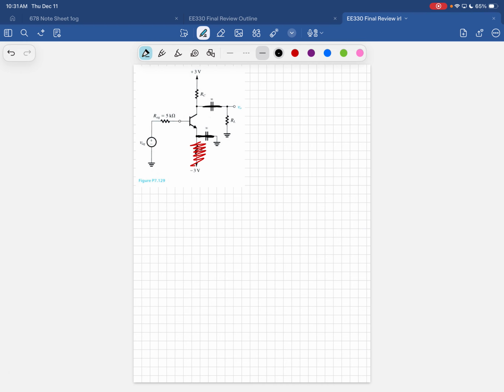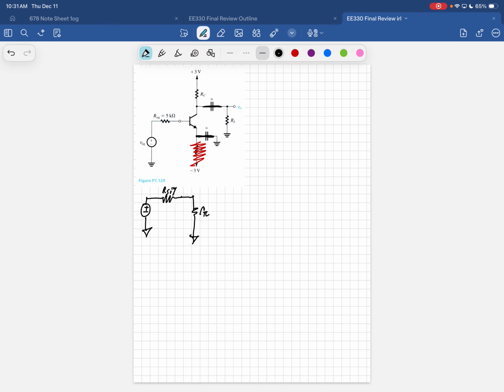Okay, so let's go ahead and draw that model. The V-sig is just V-sig, right? So you're going to have a plus minus, and then that's going to be grounded. You're going to have your R-sig still. Then that goes into your pi model, so you have R pi here.